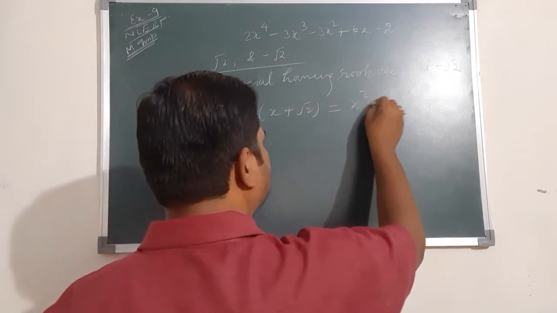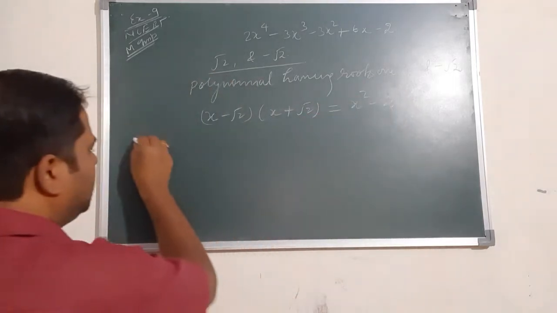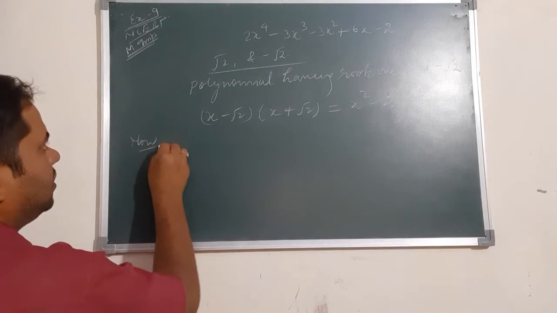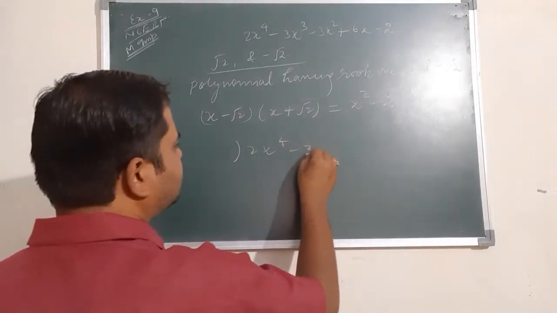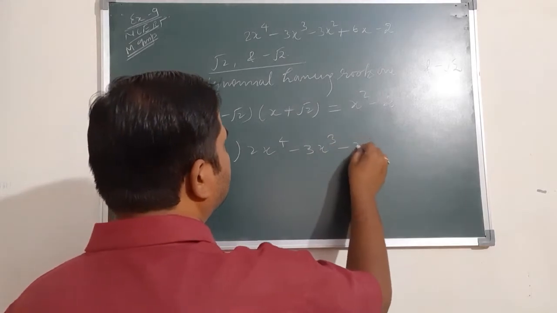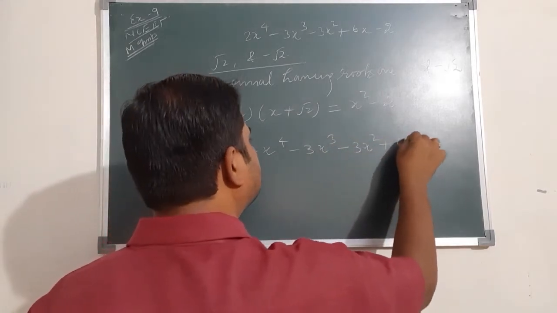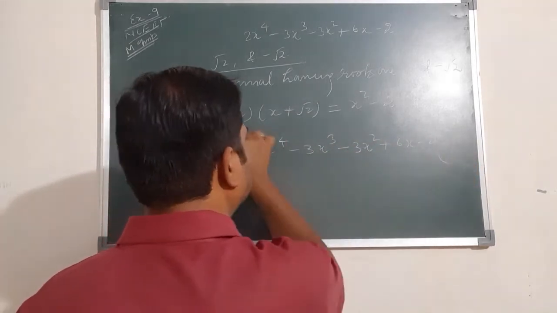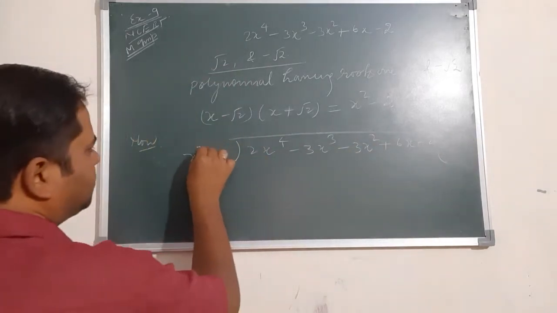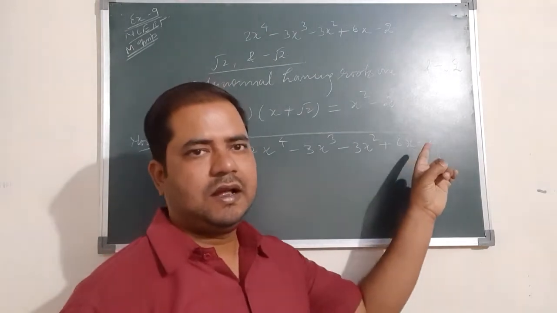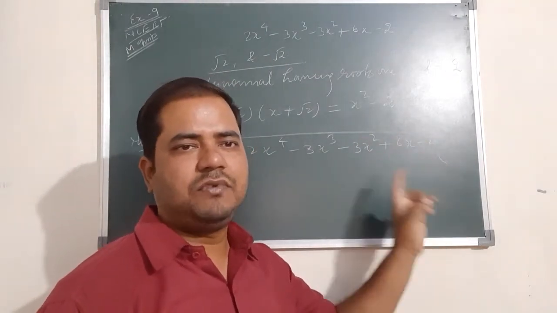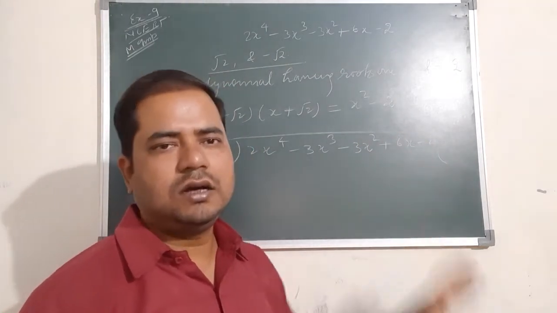So this is x square minus 2. Now divide 2x power 4 minus 3x cube minus 3x square plus 6x minus 2 by x square minus 2. We get a quotient, and if you factorize the quotient, we will get all the other zeros.